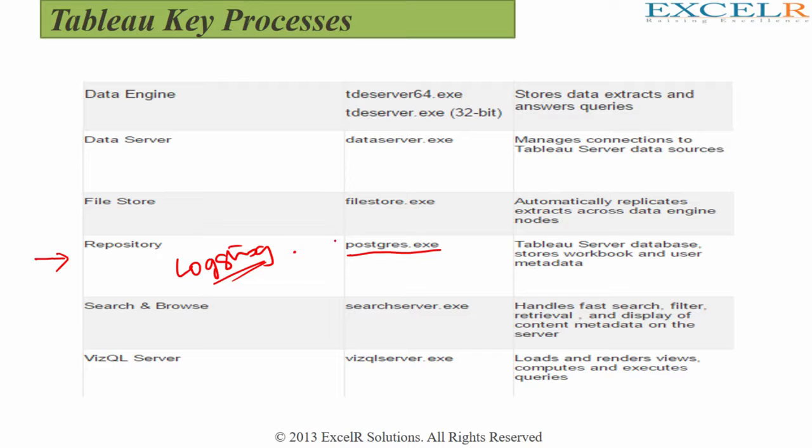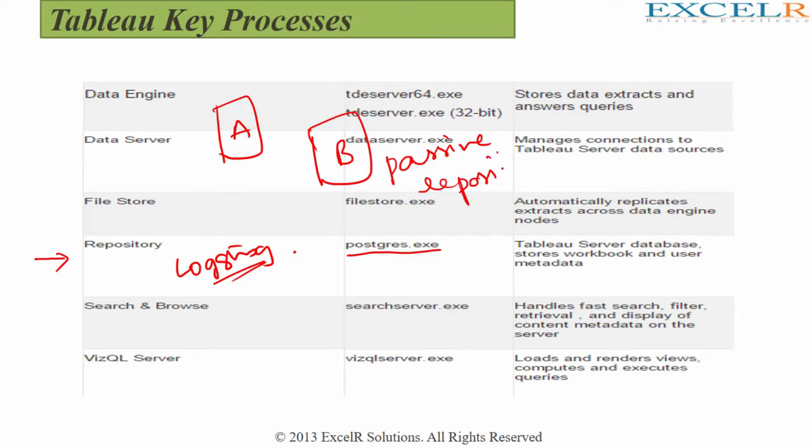And when your failover happens, say you have server A and server B in a cluster. If server A fails, your server B, which is called your passive repository, will pick up.